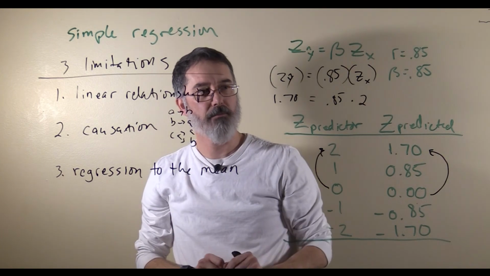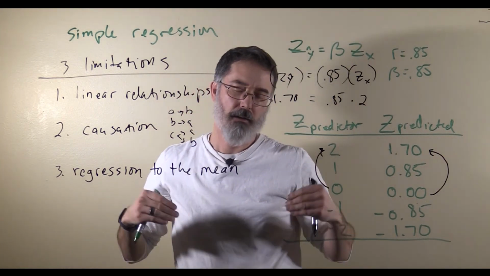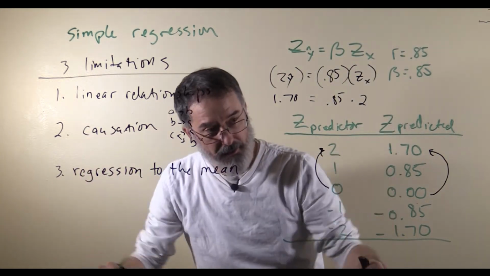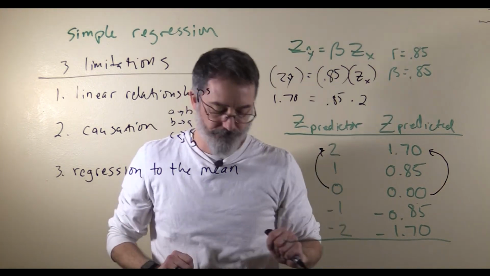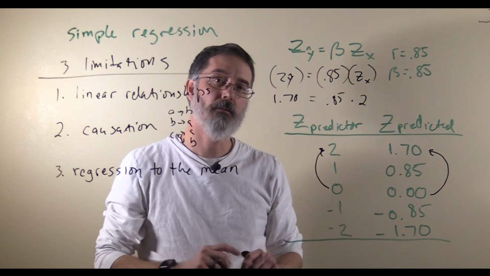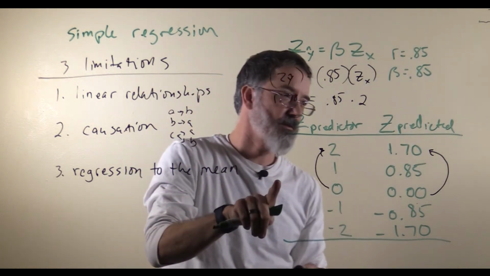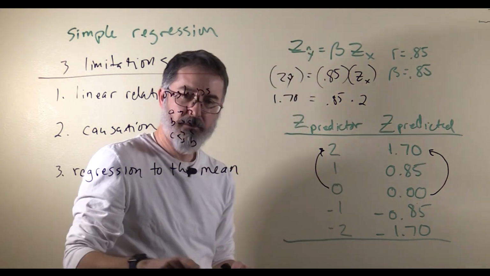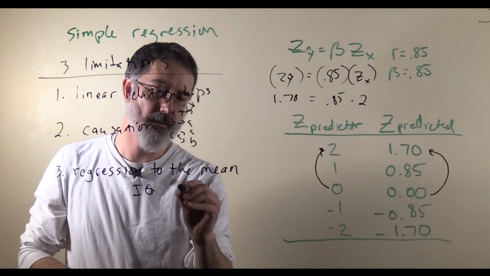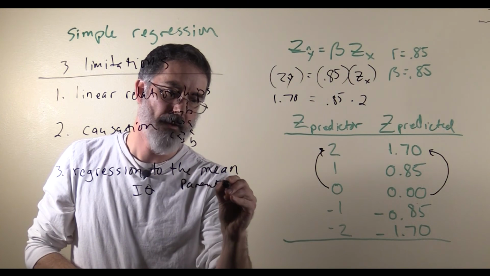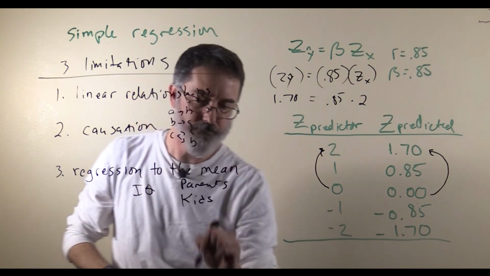And historically, this was identified in actual data by the person who invented the correlation, the first version of it anyway, who was Sir Francis Galton, Charles Darwin's cousin. What he was looking at is IQ in families, so like parents and kids.